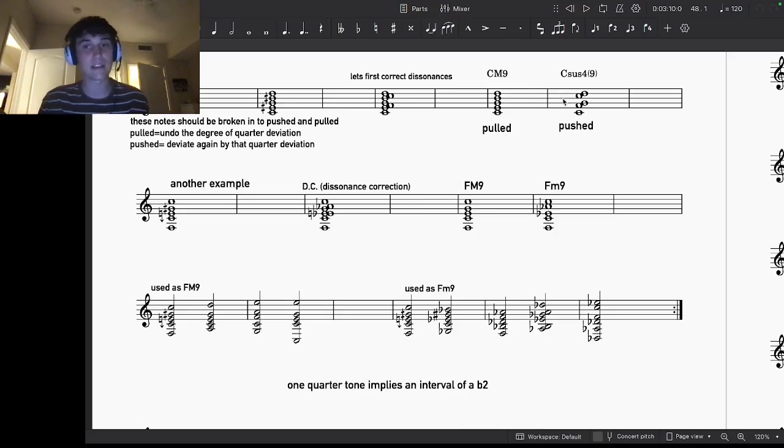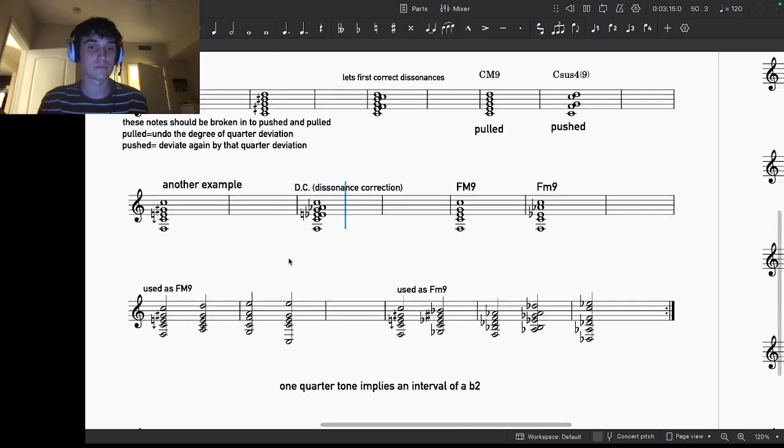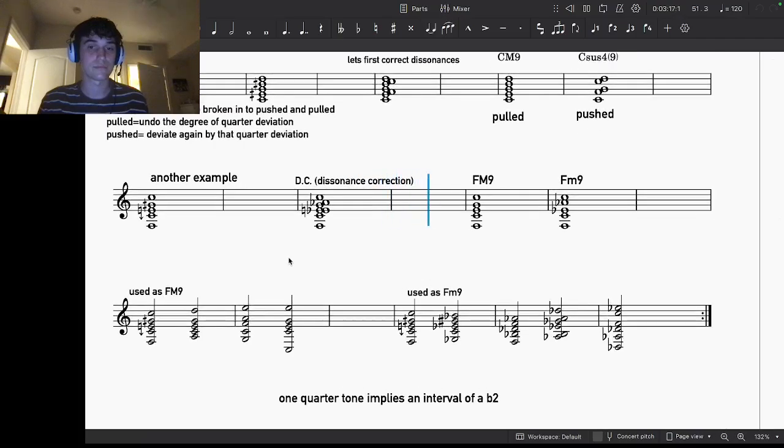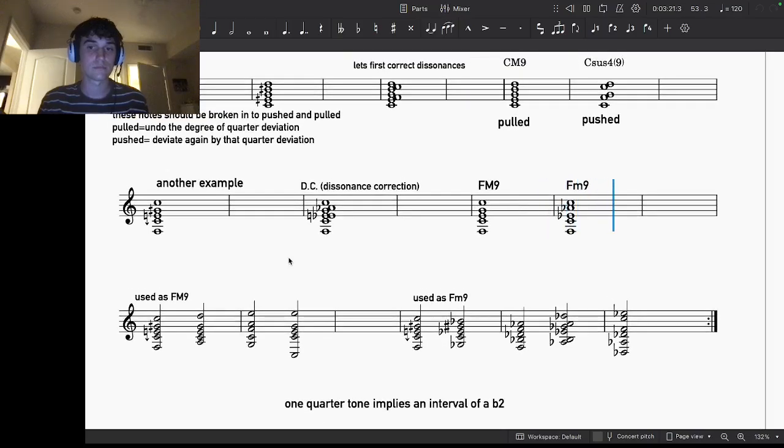Right here we have major and a suspension. Here we have major and minor. So pretty interesting because the same chord then works in 2 different tonal areas.